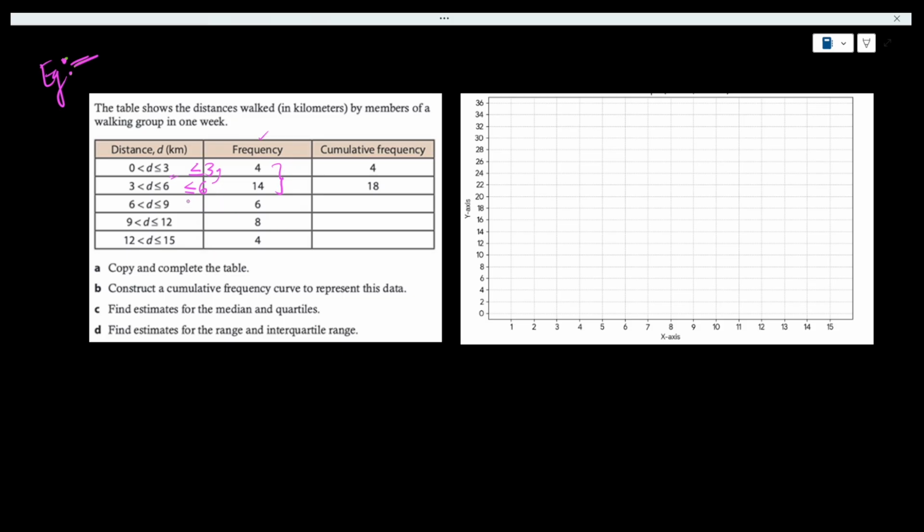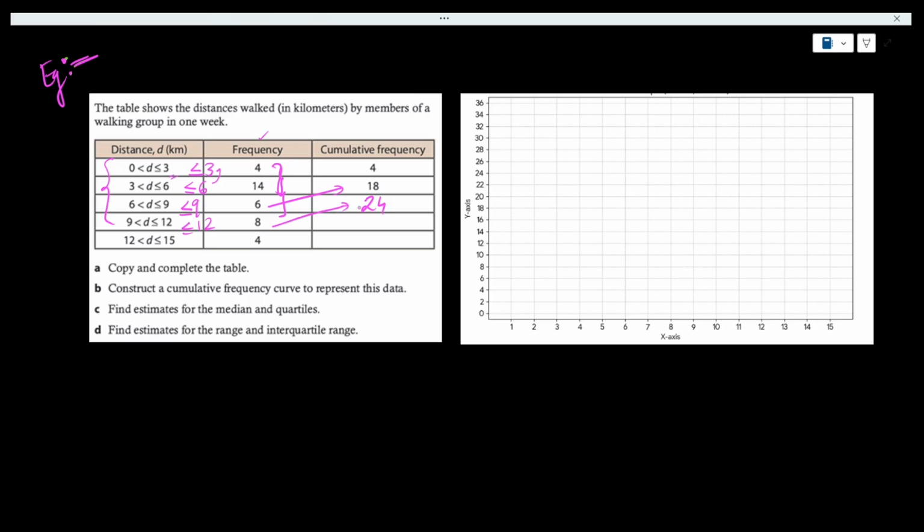Now, similarly here, if I take less than 9 kilometer, so less than 9 will include 6 kilometer as well as 3. So you are going to add now these 6. That means you can add here 18 plus 6, which is 24. Similarly, less than or equal to 12 will have all these frequencies you have to add.